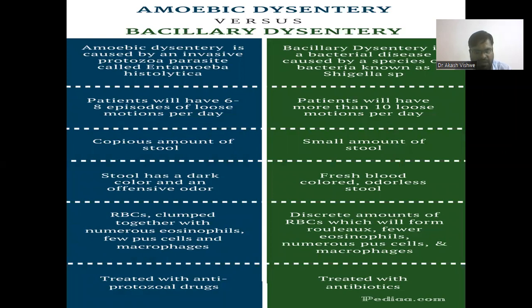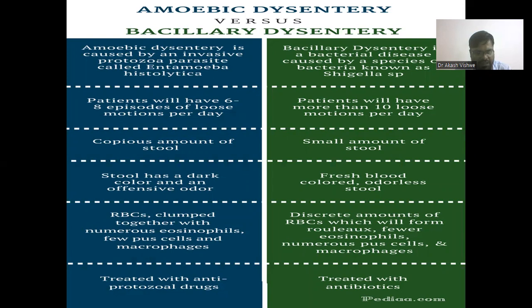In amoebic dysentery, there is a copious amount of stool, while in bacillary dysentery, there is a small amount of stool. In amoebic dysentery, stool has a dark color and an offensive odor, while in bacillary dysentery, there is fresh blood-colored or odorless stool.